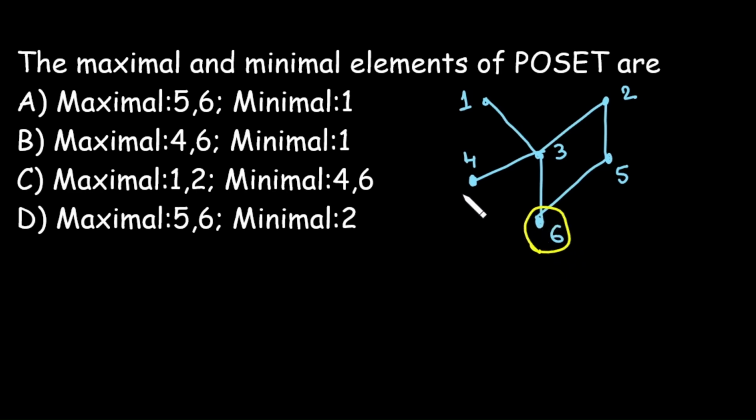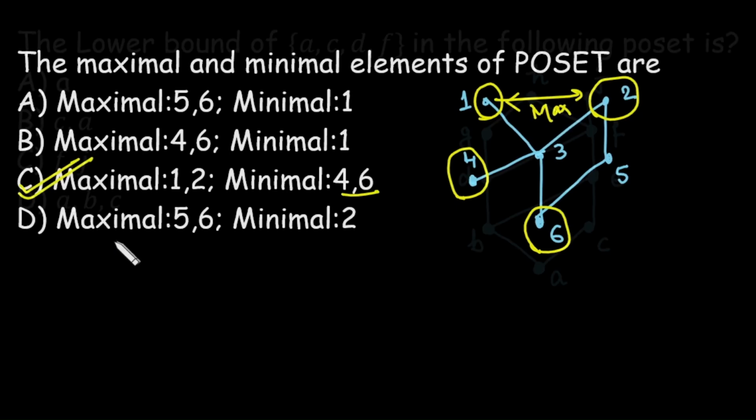Not only 6 but 4 also, because the path starts either from 4 or 6 and they are placed at the bottom level. Or we can say that there exists no element lesser than 4 in the diagram. So 4 and 6 are minimal. Now for maximal, each path ends at 1 or 2. So these are the maximal elements, and hence option C is correct.